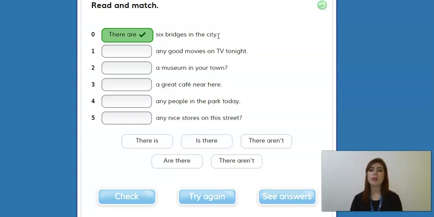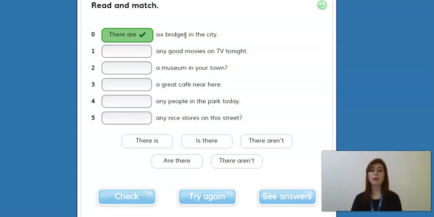Well, first of all, this is a positive sentence. We don't see any question marks, yeah? And then we see here that we have 6 bridges, more than one, right? So in this case, we need to use there are because it's a plural sentence.